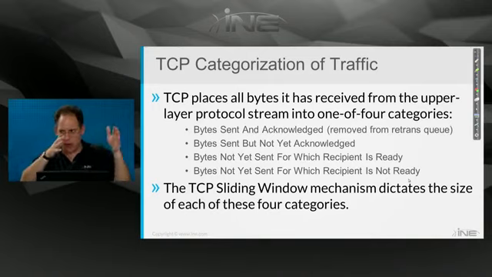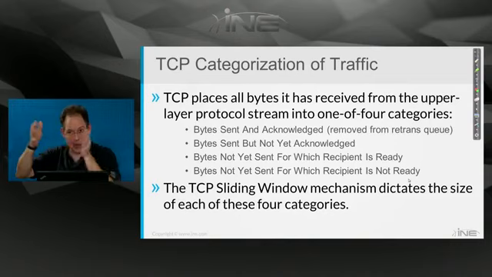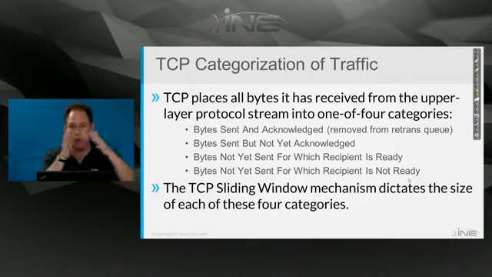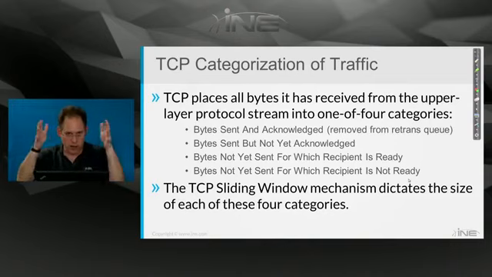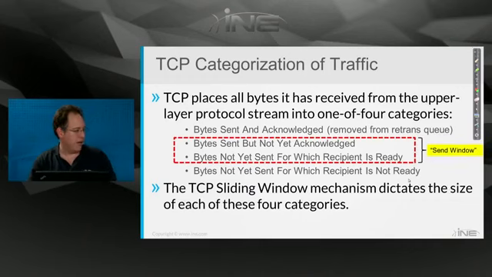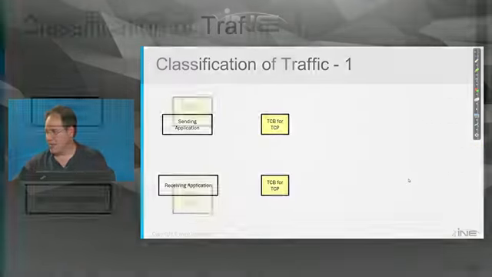That window is going to be sliding as bytes are coming in and going out. That window is composed of bytes sent but not yet acknowledged and bytes not yet sent for which the recipient is ready.